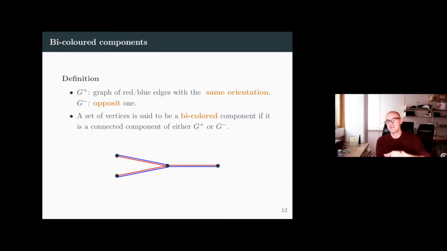And they have the same orientation, meaning that you use them in the same way to go from S1 to T1 or to go from S2 to T2. And G minus is the same thing, the graph of bicolored edges, but the orientations are reversed, so they're not used in the same way. And what we call a bicolored component is just a connected component of either G plus or G minus.